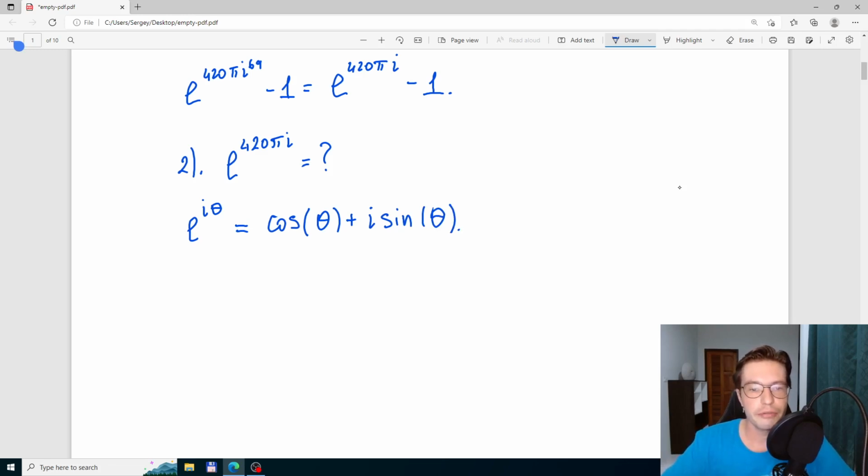Now, look at our original question, e to the power of 420 pi I. We can see that 420 pi is the argument of our complex number. That means e to the power of 420 pi I can be written as cosine 420 pi plus I sine 420 pi.